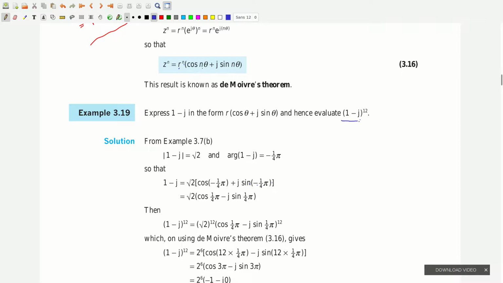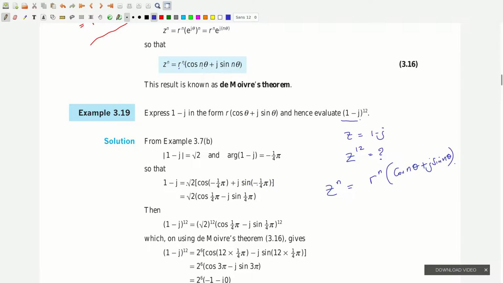For instance, we have our complex number z, which is equal to 1 minus j. Now we want to find z raised to the 12th power. However, we have already seen from De Moivre's theorem that z to the n is going to be r to the n, cos n theta plus j sine n theta.